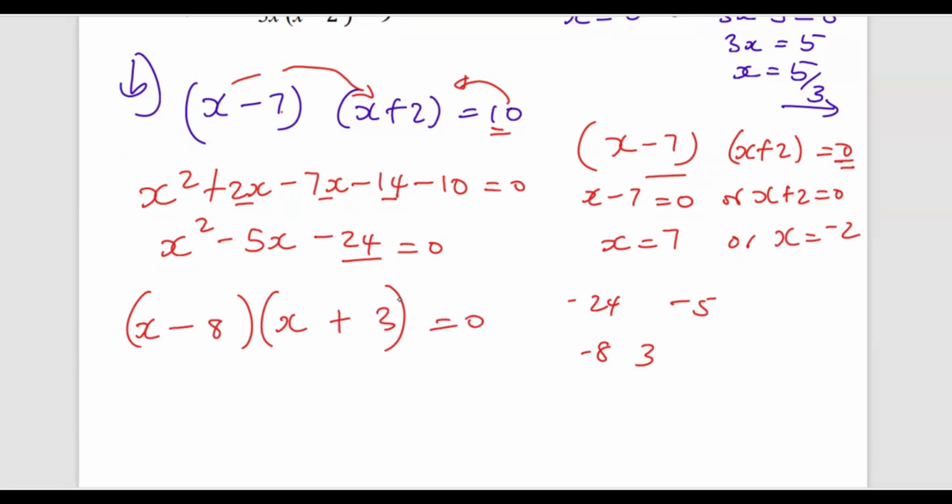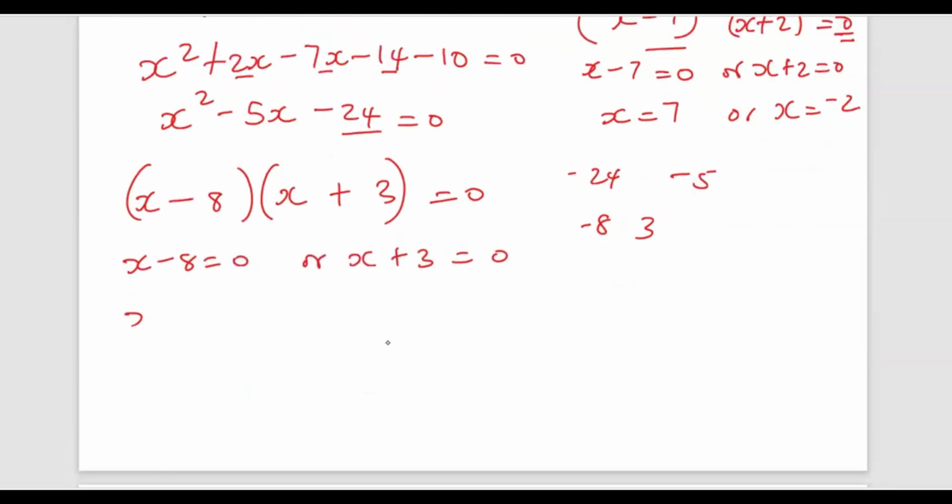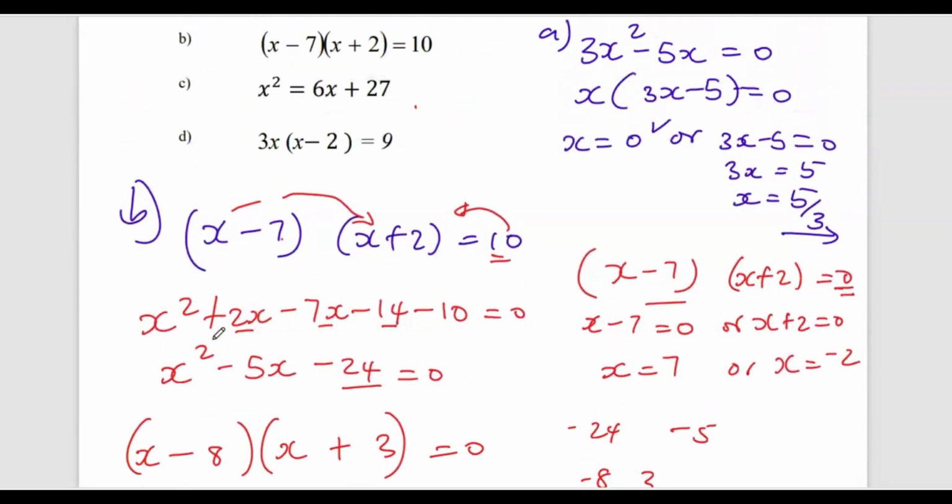Does that make sense? Yes, makes a lot of sense. So x minus 8 is 0 or x plus 3 is 0. When I simplify that, x should be 8 or x should be negative 3. All right, that is how we would have gone about that question.